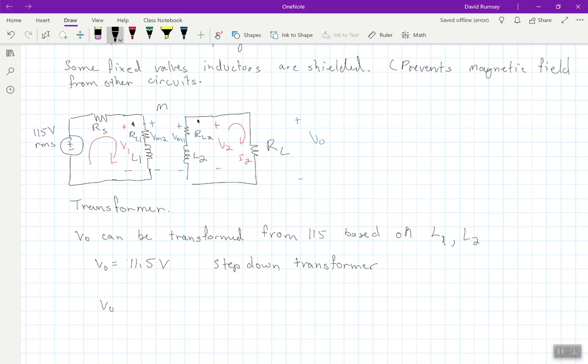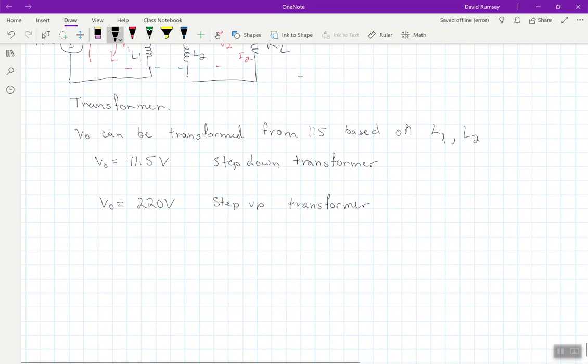You might also be able to get V out to be 220 volts. This would be a step-up transformer. But one thing we want to keep in mind here is current as well.